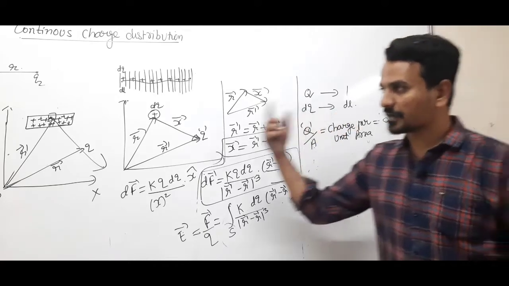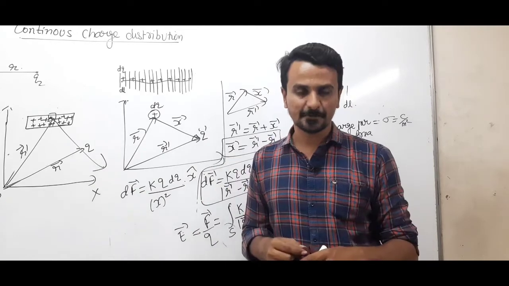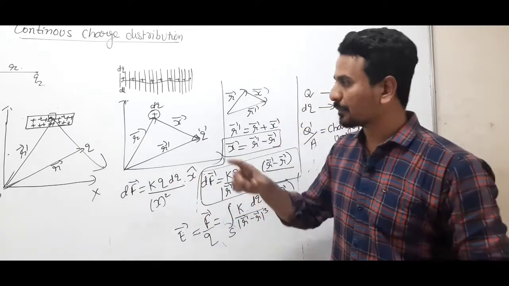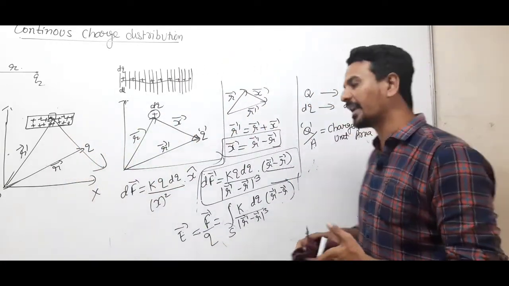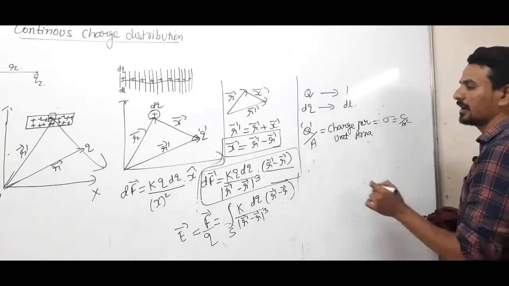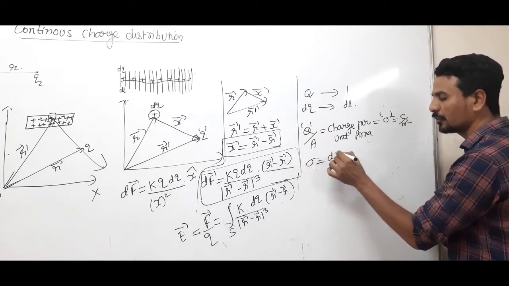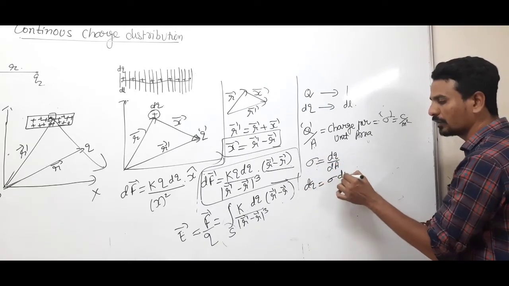In the first case, the charges were distributed on a linear object, so we wrote charge per unit length, and presently charges are placed inside a two-dimension object. So we'll write it as charge per unit area, and instead of lambda, we'll use sigma. So sigma can be written as dq upon dA. So now dq can be written as sigma into dA.